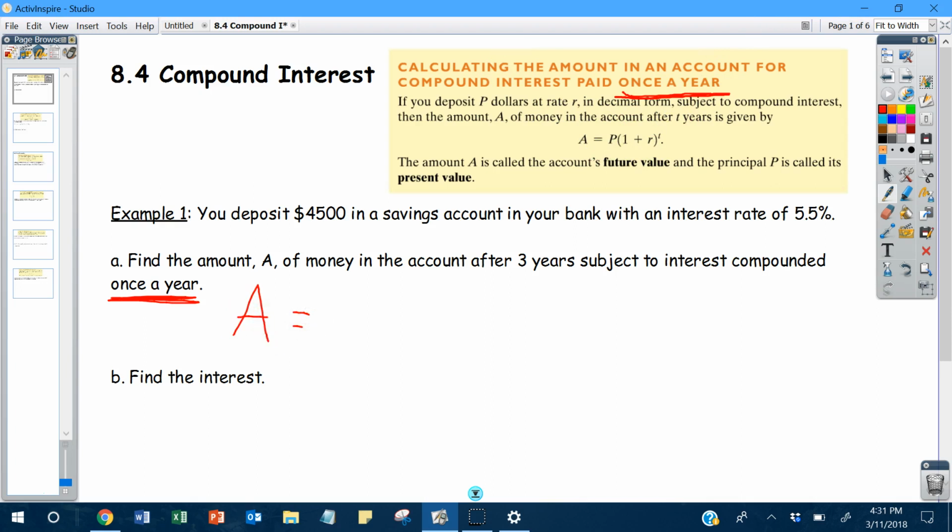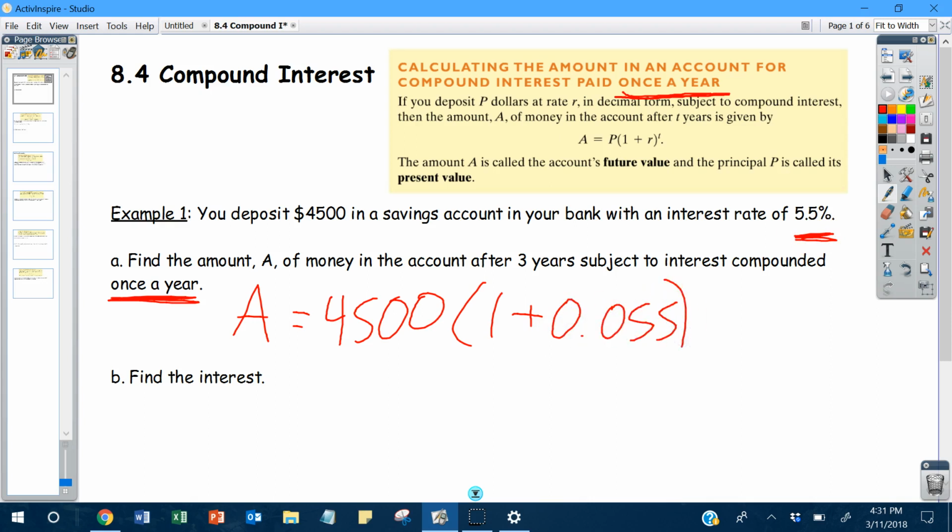We know how much money we put in the account to begin with. We know the interest rate, so that's R, this 5.5%. Remember, I have to convert that percent to a decimal, so 0.055. And then I'm going to raise that to the T power. T is the number of years, this 3 right here.